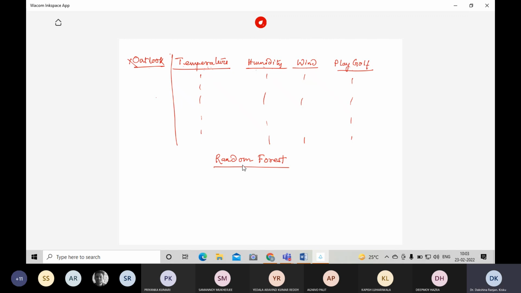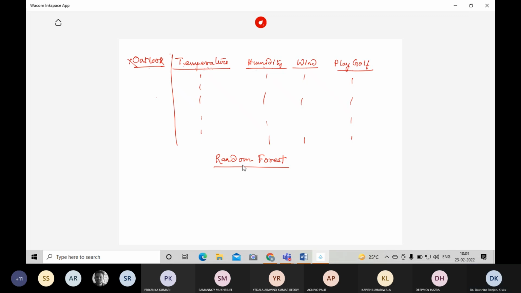Now when we merge the decision trees together, this merging will be done, or we will fuse these decision trees in terms of their outputs.